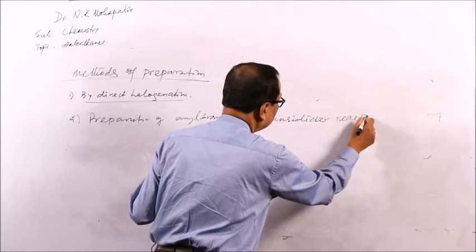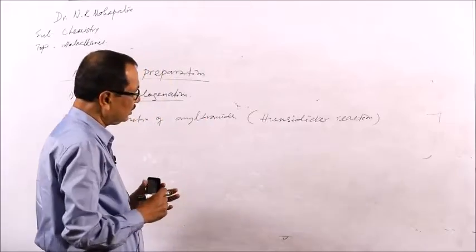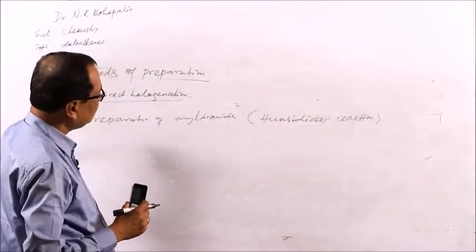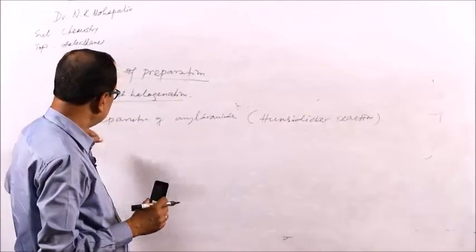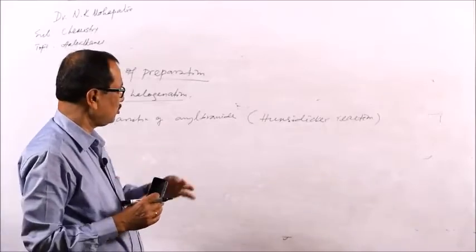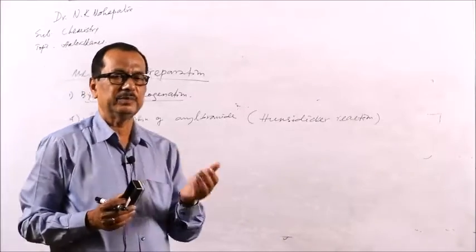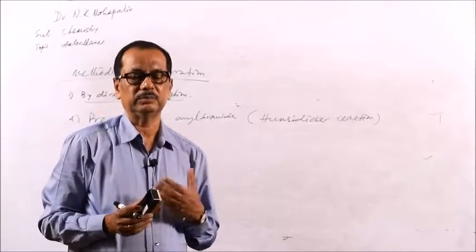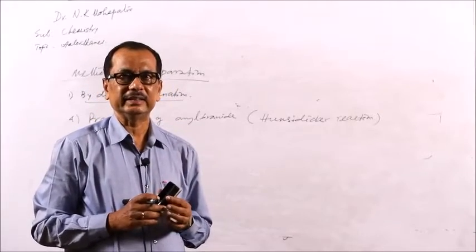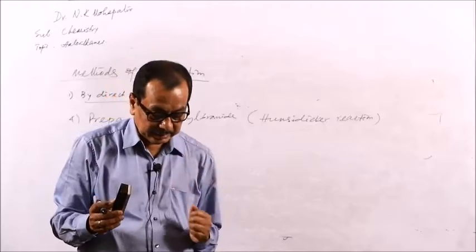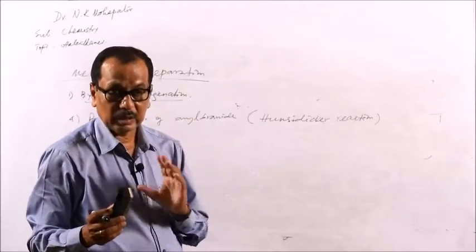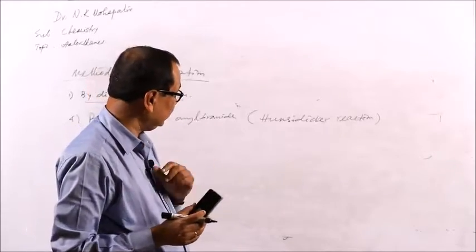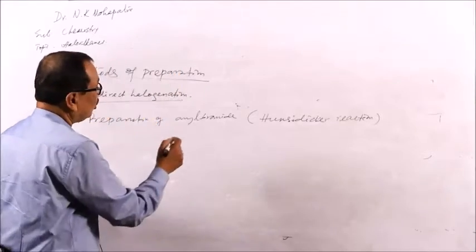If you recall, in the last class we discussed the Hunsdiecker reaction in the preparation of alkyl halide. Similarly, it is also used for the preparation of aryl halide. What happens when the silver salt of an aromatic carboxylic acid is treated with bromine? The product is an aryl halide, bromobenzene, and the reaction is called Hunsdiecker reaction.